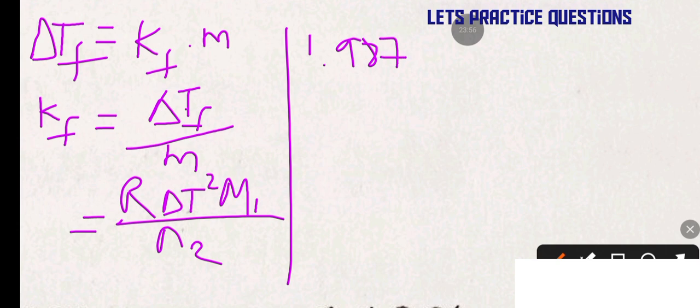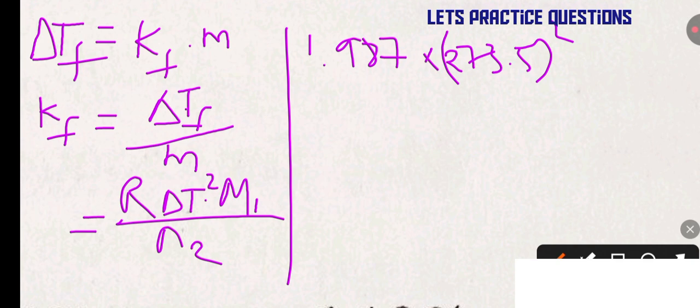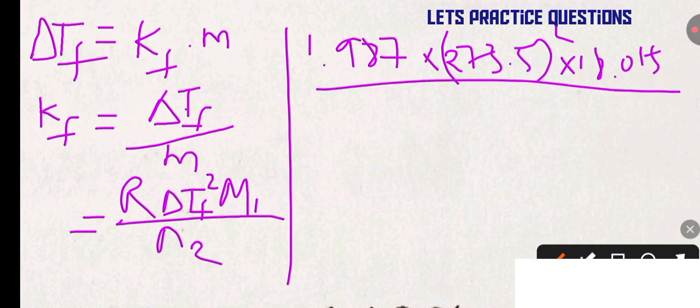Here we put all the values, that is 1.987 calorie mole inverse and Kelvin inverse into 273.5 whole square into 18.015 gram per mole divided by moles of solute. We convert the value to calorie per mole.